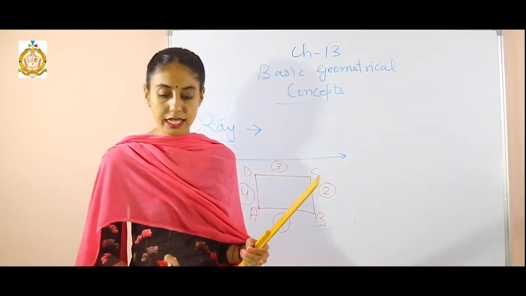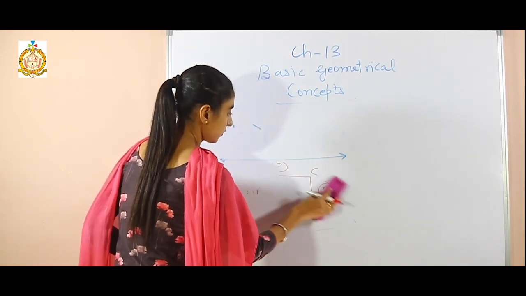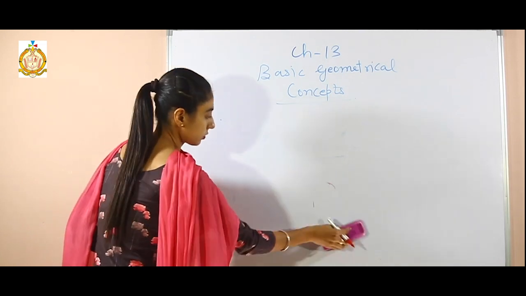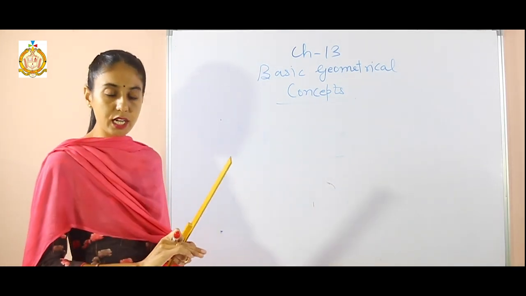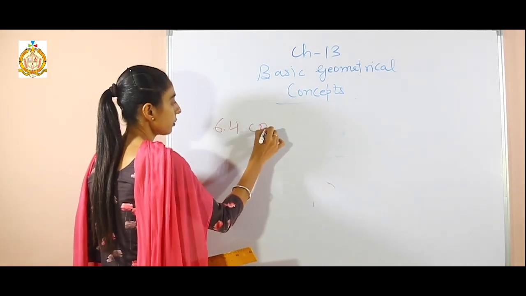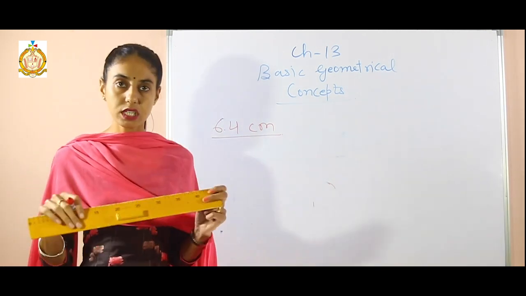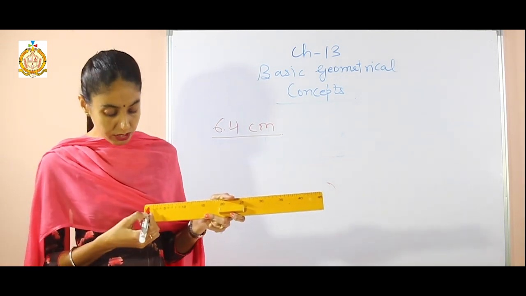In your exercise, one sum: construct a line segment of length 6.4 centimeter. To measure this, first of all you need a scale. Measure 6.4 centimeter from the scale.